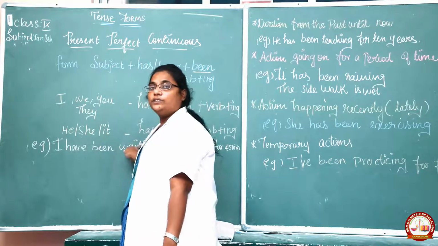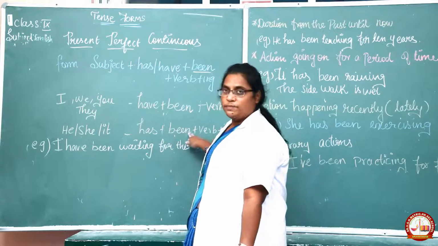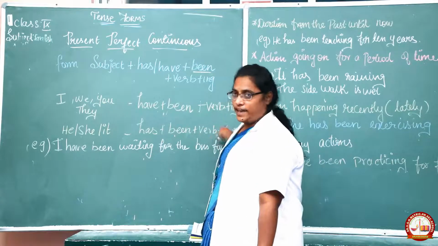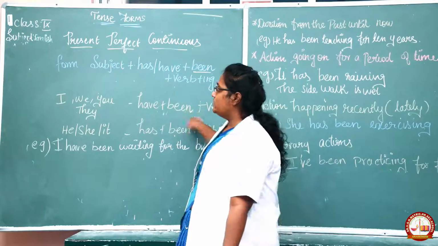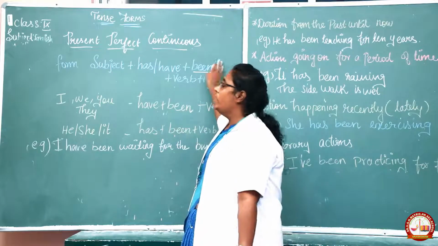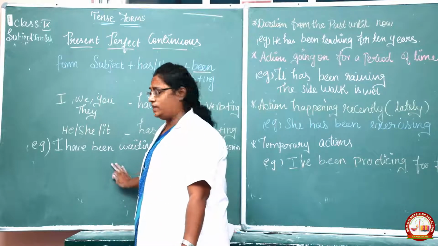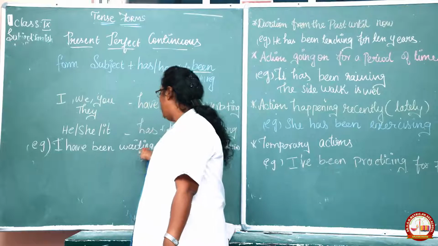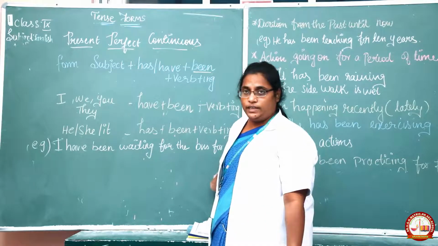Again, what you have to use here? Has, plus been, plus verb plus ing. So this is the formation for the grammatical persons, the form of present perfect continuous tense. An example is given here: "I have been waiting for the bus for 45 minutes."